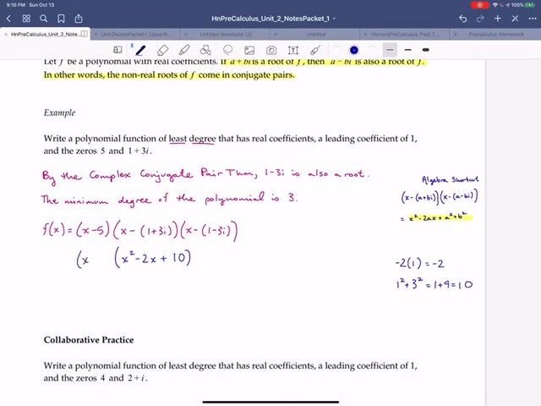Then we multiply that by x minus 5 to get the polynomial of minimal degree. So that will give us x cubed minus 2x squared plus 10x combined with negative 5x squared plus 10x minus 50.